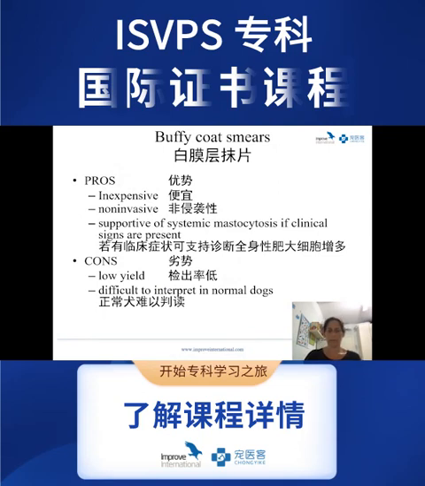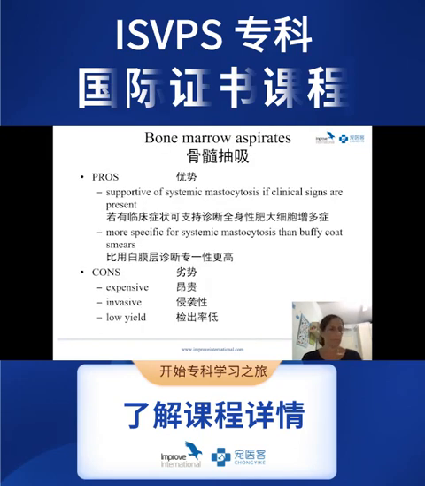The cons, obviously, are that they're low yield and difficult to interpret. In general, we do not do buffy coat smears. If we think that something might be wrong, then we'll go right to a bone marrow aspirate. The bone marrow aspirates, the pros are that they're supportive of systemic mastocytosis if the clinical signs are present, more specific for systemic mastocytosis than buffy coats. Obviously, the cons are that they're expensive, invasive, and low yield.